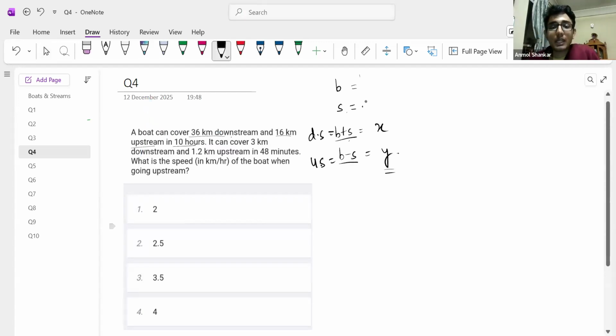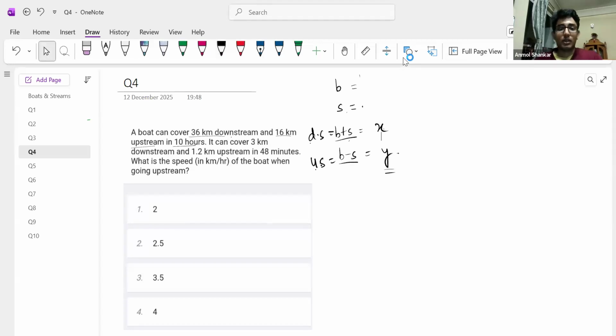I don't want to use the letters D and U because D can also mean distance, so we use X and Y. Again, in the question, is our equation in speed, distance or time? Look carefully and tell me.